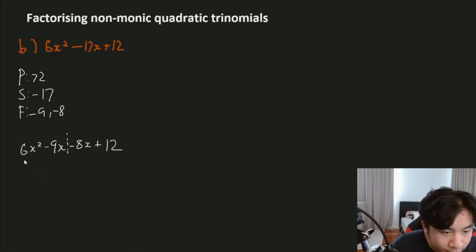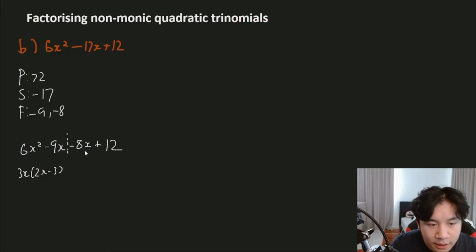So in the first two terms, you can factorize 3x, and you're left with 2x minus 3. And then in this part, you can factorize minus 4 out, so minus 4 times 2x minus 3.